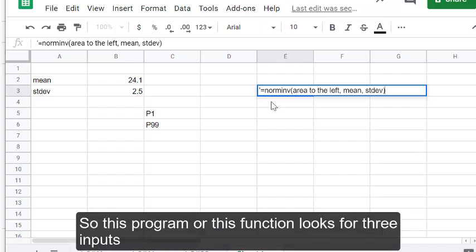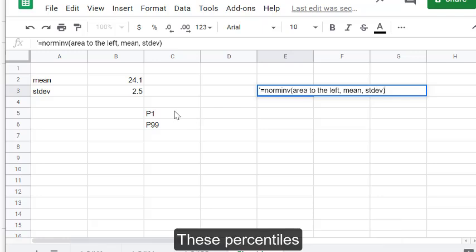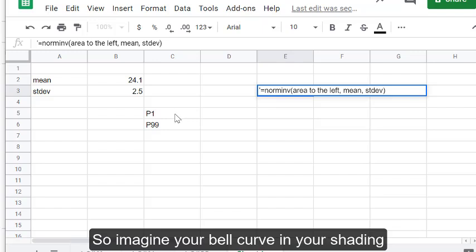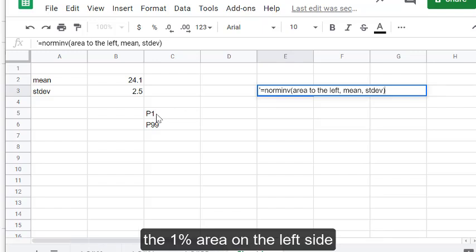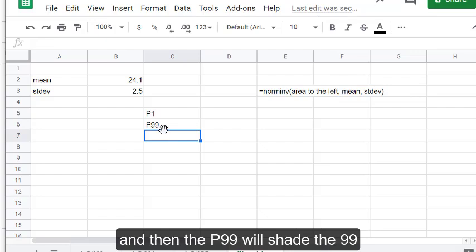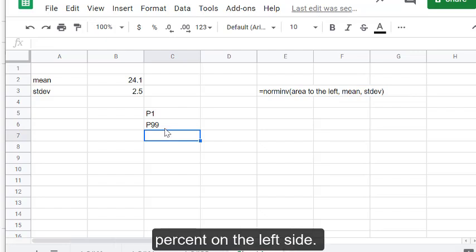So this function looks for 3 inputs. These percentiles give you back the x value where you're identifying the area to the left of your graph. So imagine your bell curve and you're shading the 1% area on the left side, and then the P99 will shade the 99% on the left side.